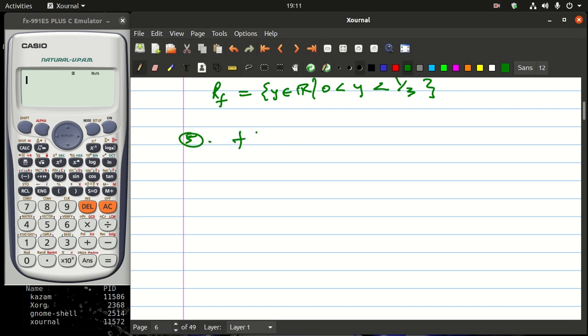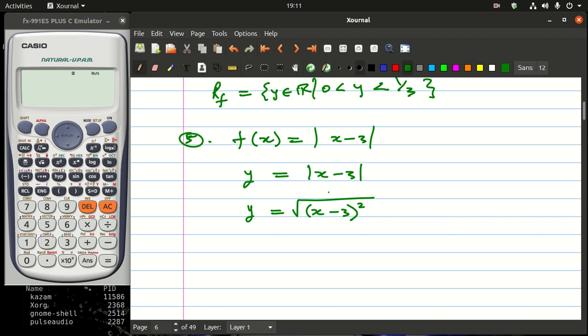f of x is equal to the absolute value of x minus 3. Of course, I have y is equal to the absolute value of x minus 3. And if you look into this, y is just equal to the square root of (x minus 3) squared, because the absolute value is saying that I have the square root of this.